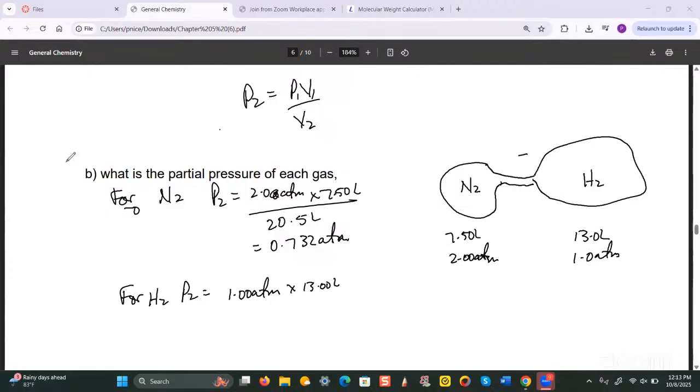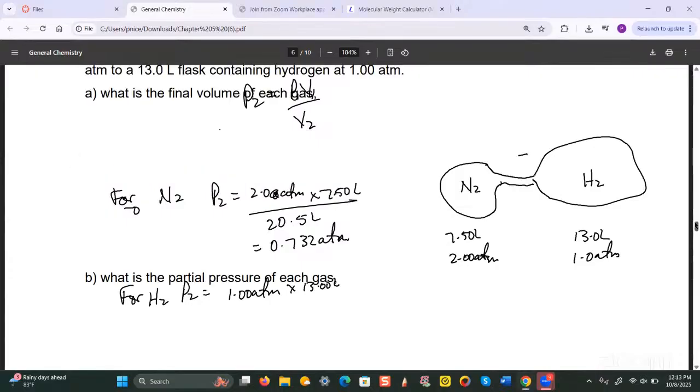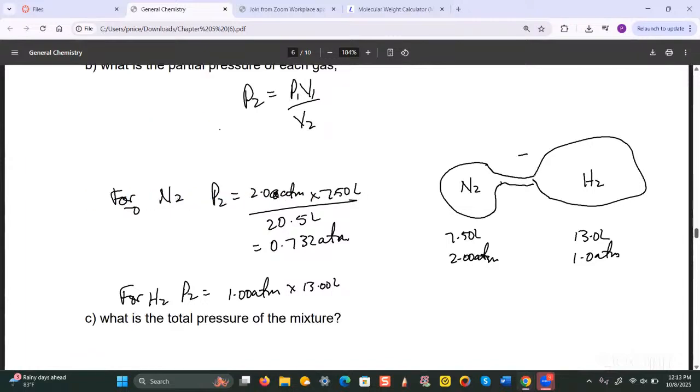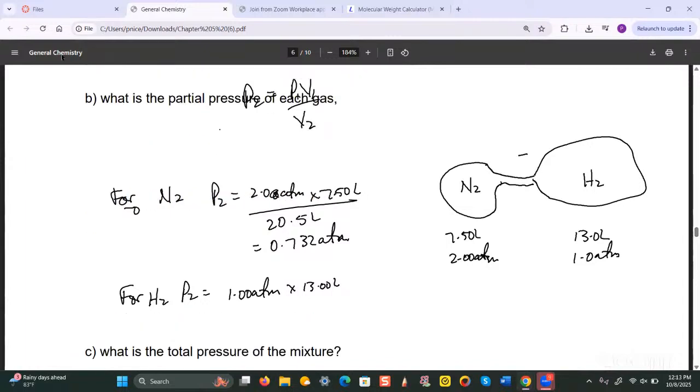I want to get the sig figs right. I added an extra 0 before, which I didn't need to. So 13.0 liters, divided by V2, which is what? 20.5 liters, exactly. So let's work that out.